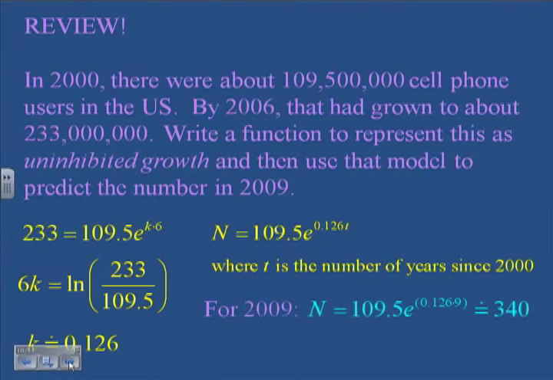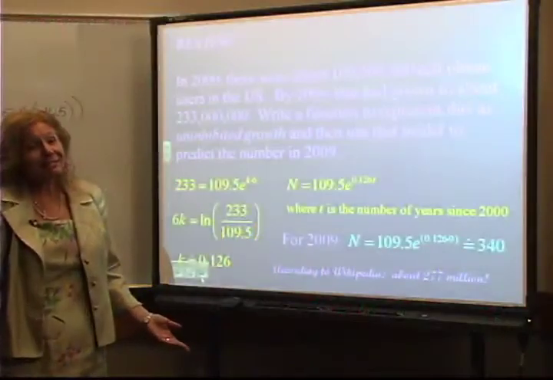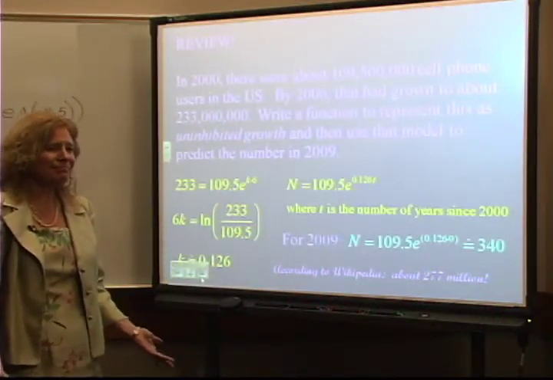It's 340 million users. Well, then I thought, hey, why don't we check and see if that's at all accurate? Well, I had a little trouble finding it, but according to Wikipedia, they actually had how many cell phone users in the U.S. in 2009? It said 277 million.